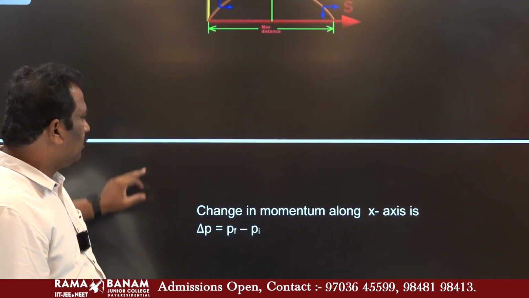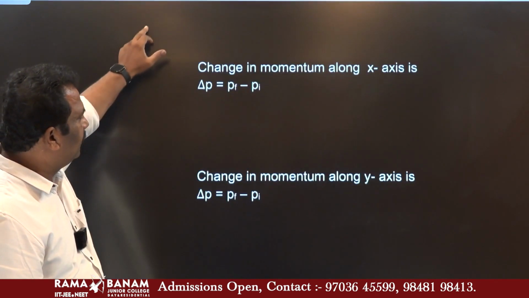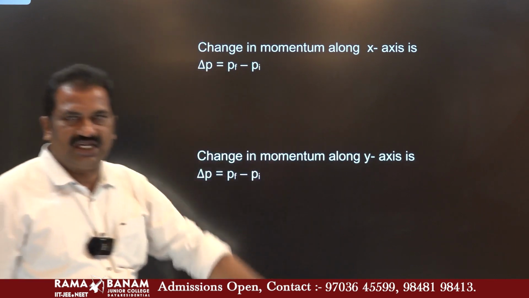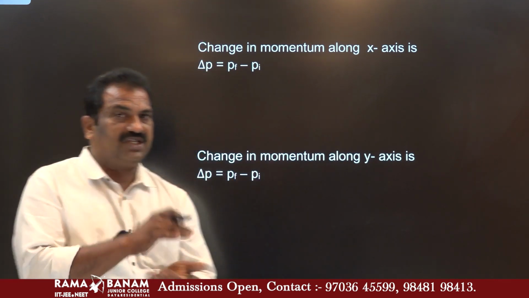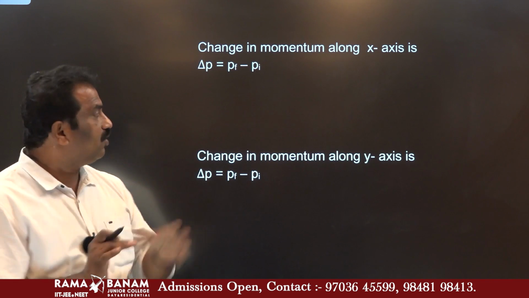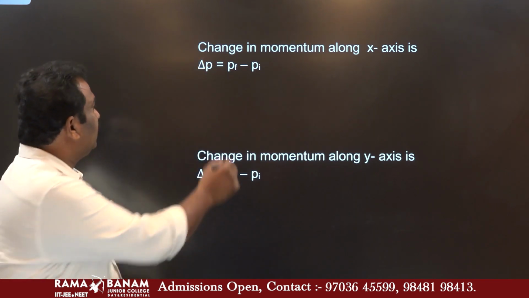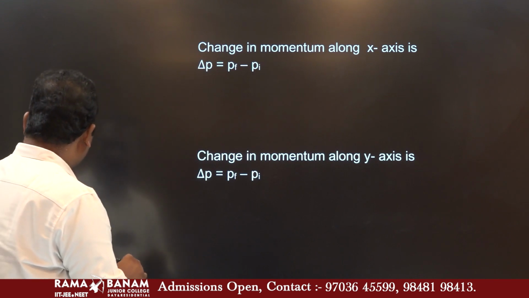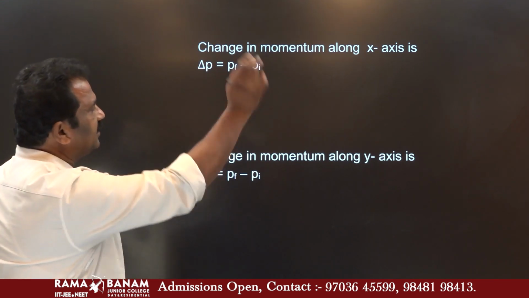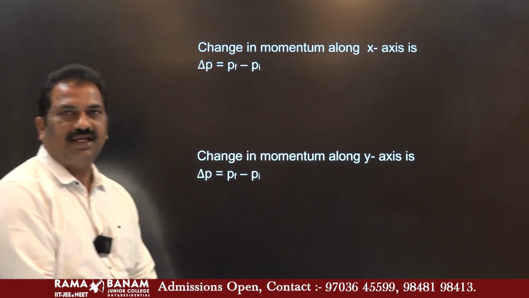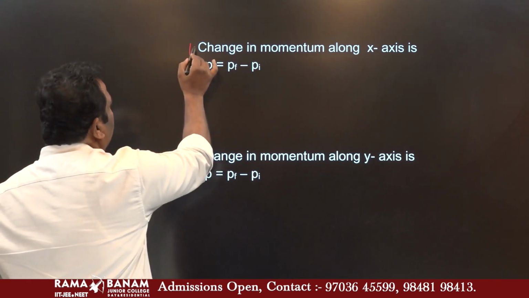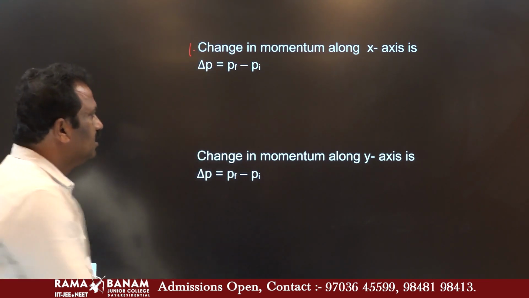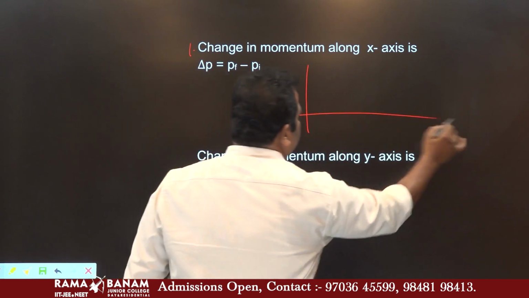Next, the last thing we can remember: suppose in this projectile, a body is projected making an angle theta, and the question asks, what is the change in momentum? What is the change in momentum along the x-axis? This is the first point we have to discuss. Suppose a body is projected like this.